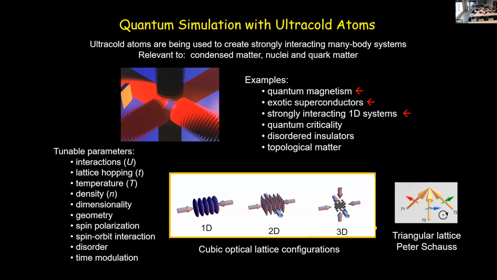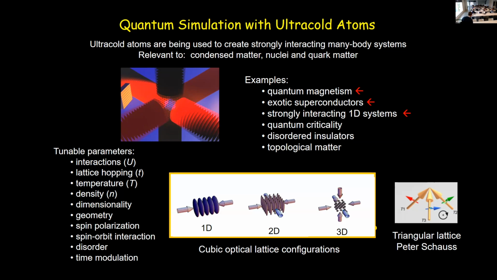And this is from a recent colloquium speaker, Peter Schauss, from the University of Virginia, and he's been making triangular optical lattices. That has something to do with the kind of geometrical frustration that people were talking about earlier, in particular in Meng's talk. I think it's possible to also make a Kagome lattice in the system.